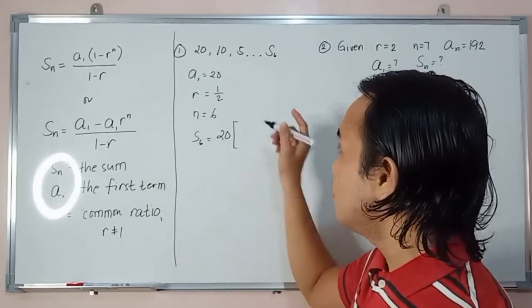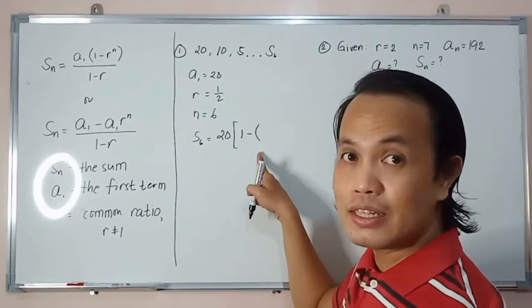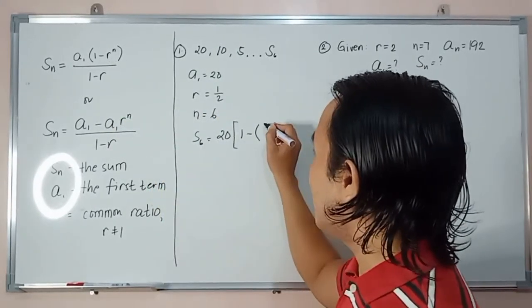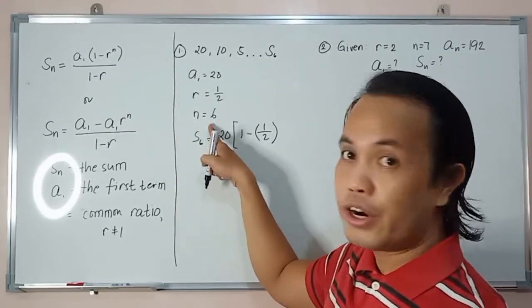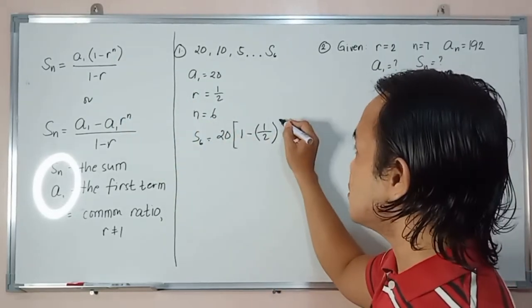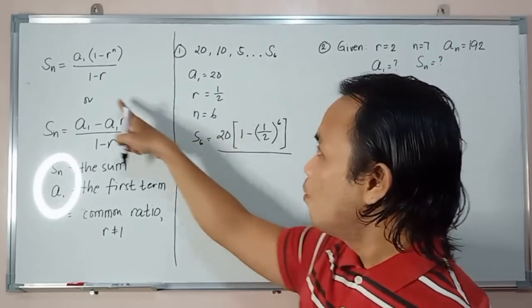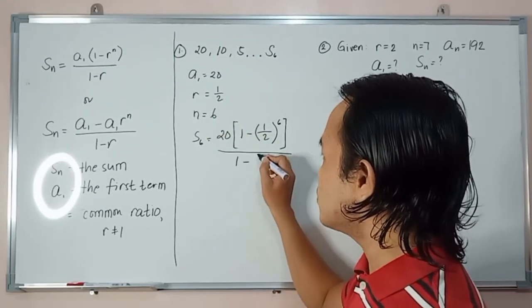So we copy 1 minus, using parentheses, then our common ratio is 1/2, then raised to our n, which is 6. That's over 1 minus r, so we have 1 minus our r, which is 1/2.